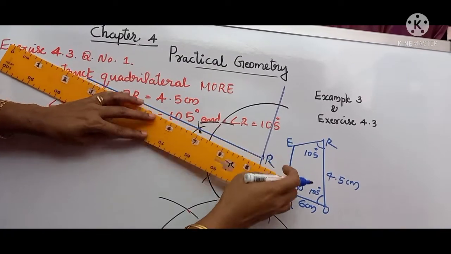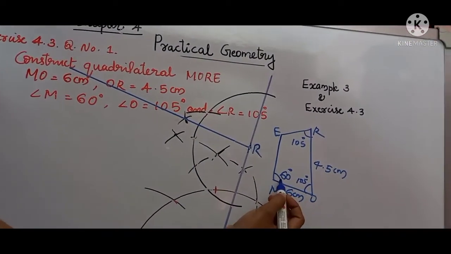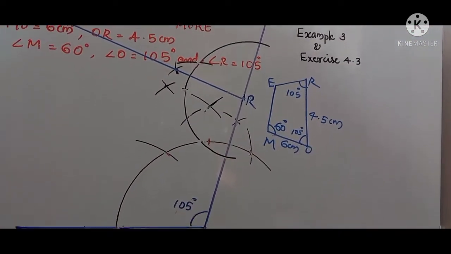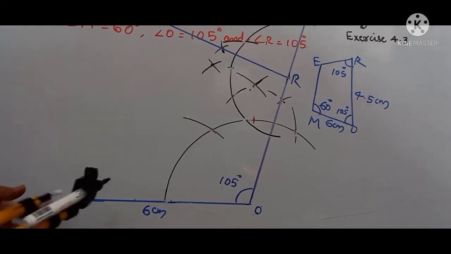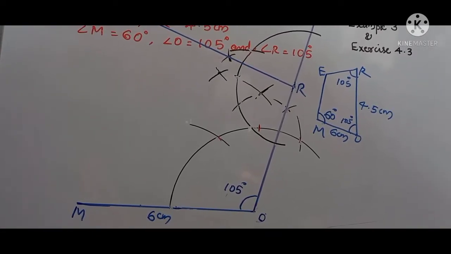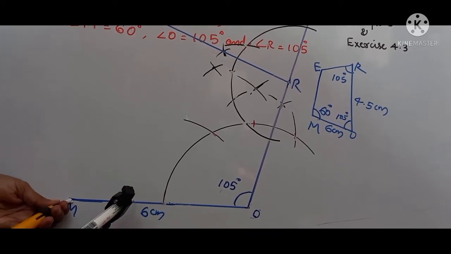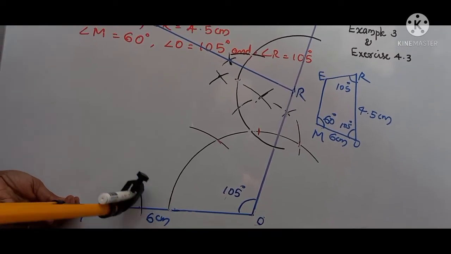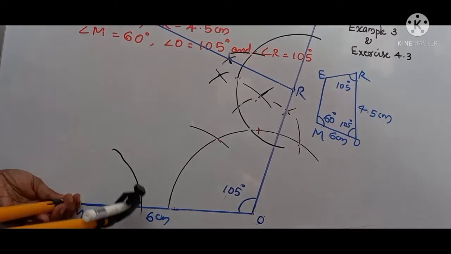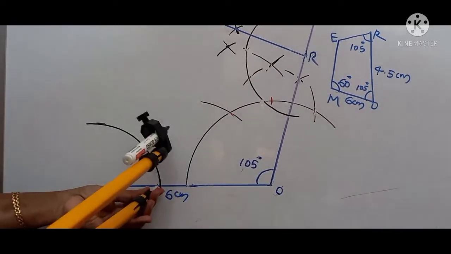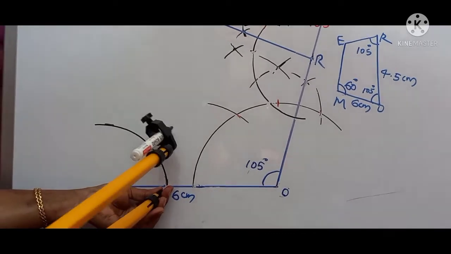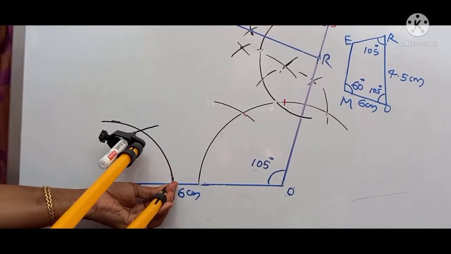And next we have to draw the 60 degree angle, M is equal to 60 degrees. Very easily we can draw 60 degrees, pointing on M. Adjust our compass width and draw an arc like this. After that, pointing here with that same compass width, draw an arc here.